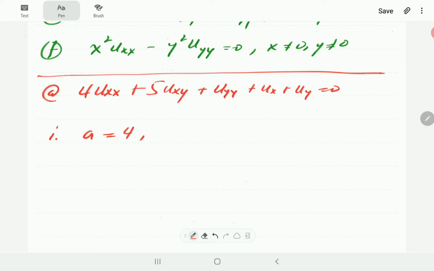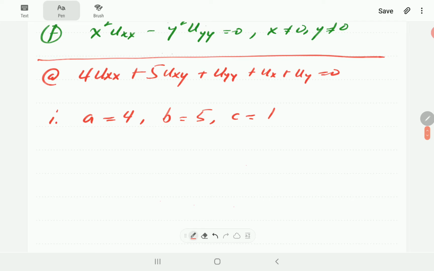So A is 4, B is 5, and C is 1, just the coefficients of u_xx, u_xy, and u_yy. So the discriminant B squared minus 4AC is going to be B squared is 25 minus 4AC is going to be 4 times 4.